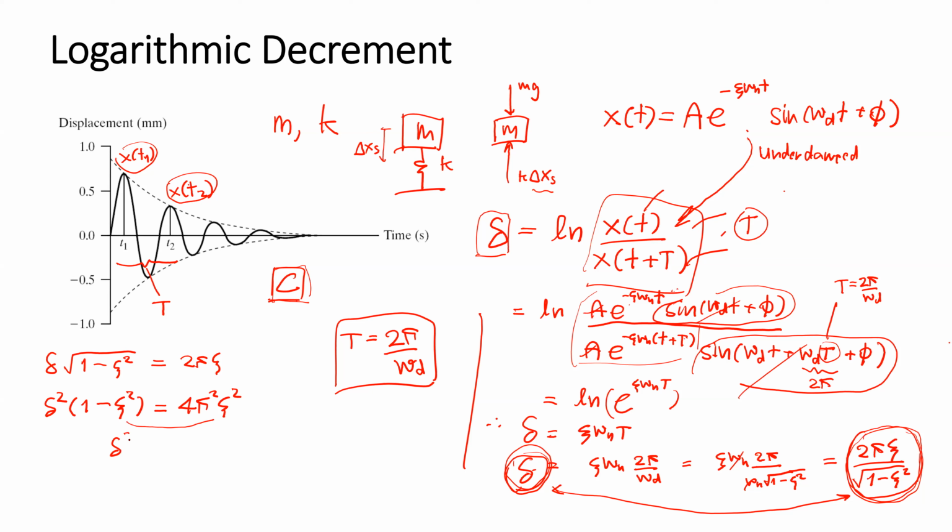So you have delta square equal to delta square plus 4 pi square times the damping ratio square. And finally, if we want to obtain the damping ratio, it should be like this.